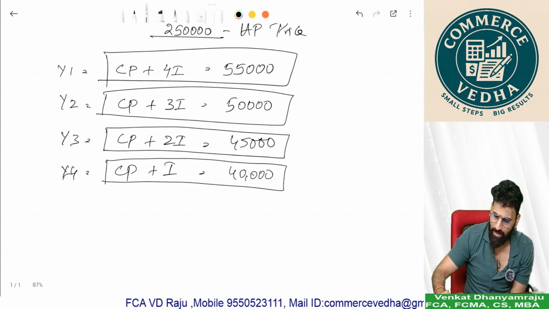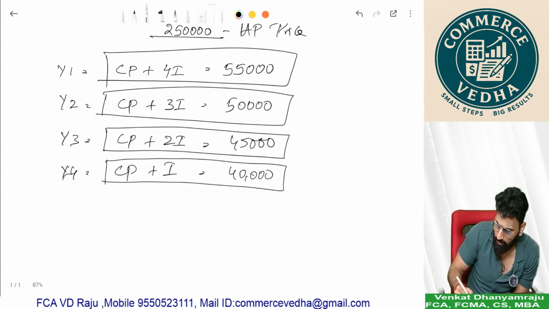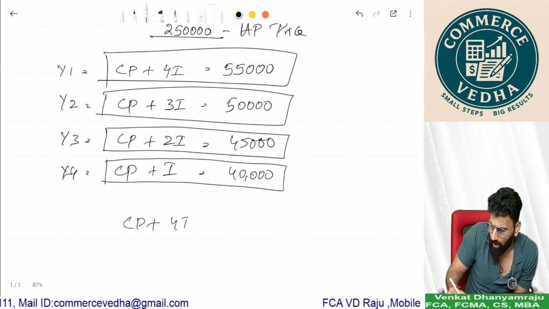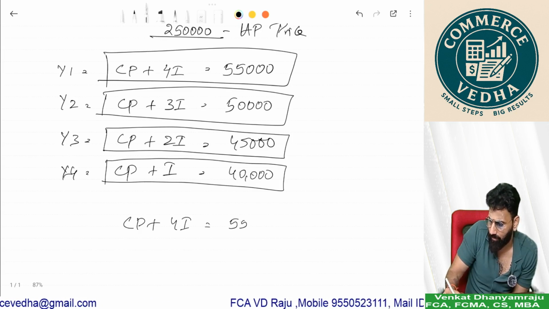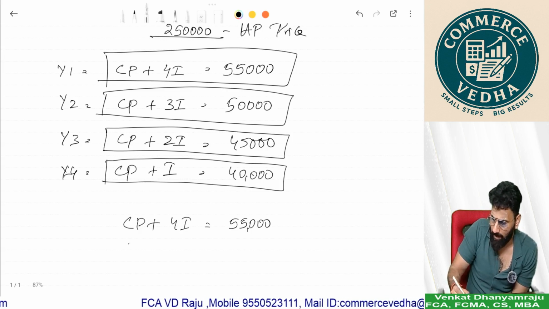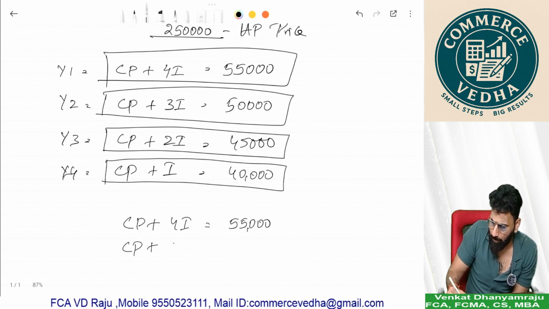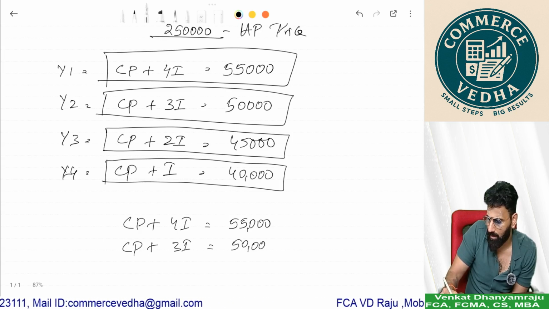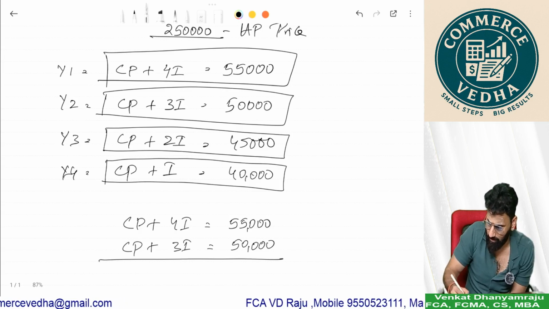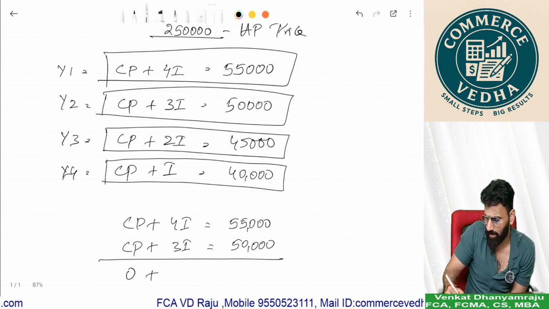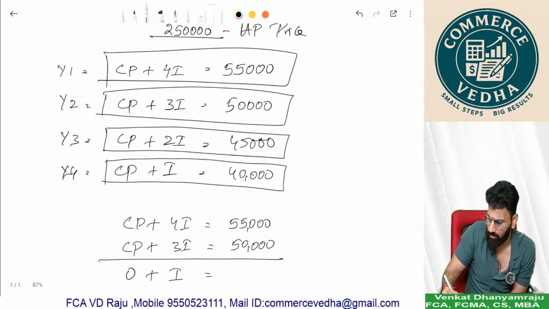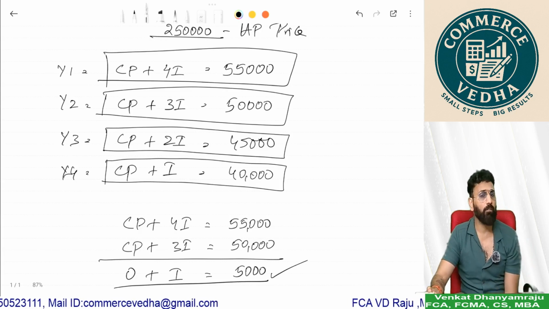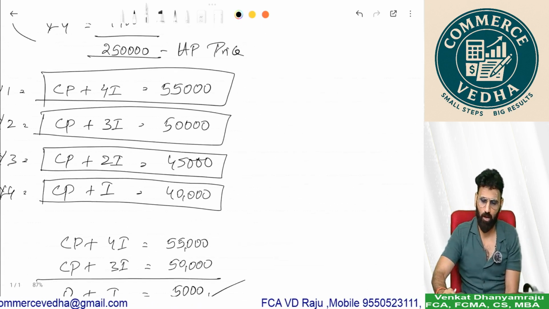So now I take any two. I will take year 1, which is CP plus 4I equals 55, and the second year, CP plus 3I equals 50. Subtracting, CP cancels and I equals 5,000.